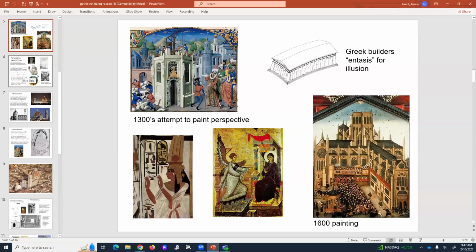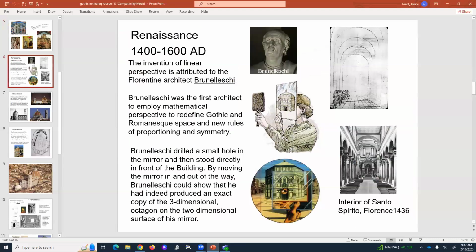And even these attempts for those paintings were not exact, right? You've got the straight elevation here with some perspective, and it goes back to the same idea of visually seeing those columns at the Greek, when we looked at the Greek builders.